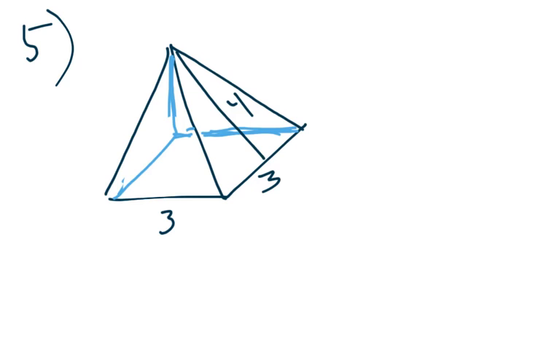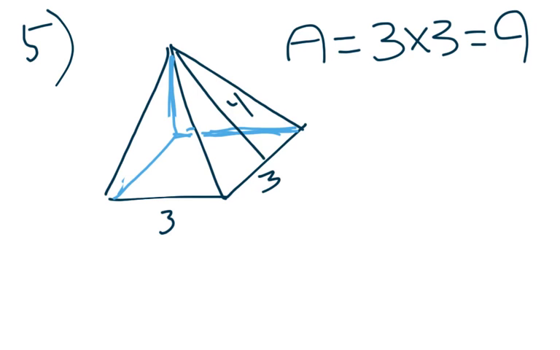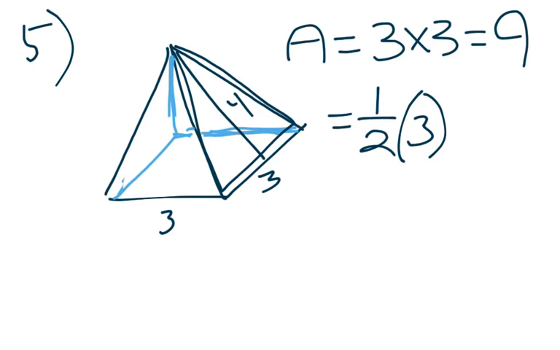Okay, so for number 5, our square base is 3 times 3, so we multiply those together, and the base has an area of 9. This triangle on the side has a base of 3 and a height of 4. So we find the area by multiplying half times base, which is 3, times height, which is 4.